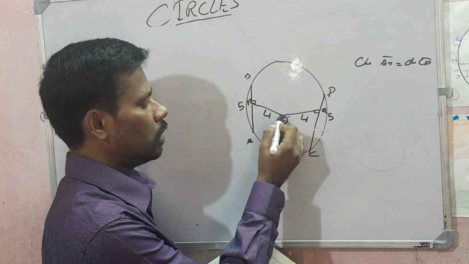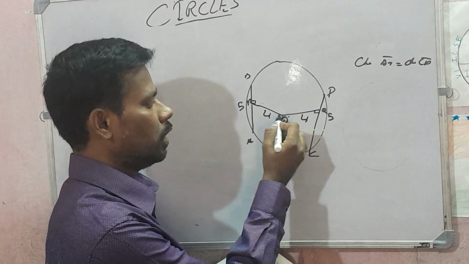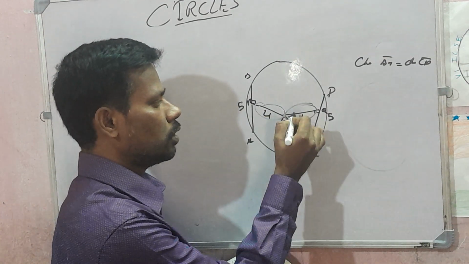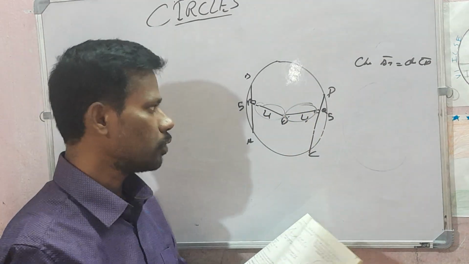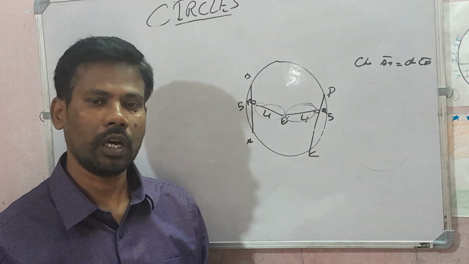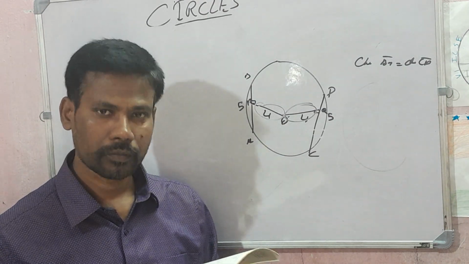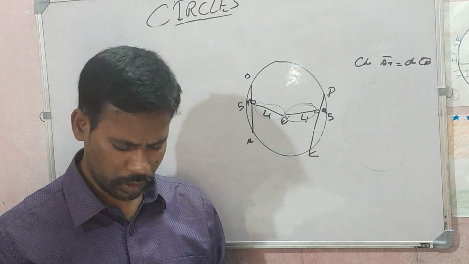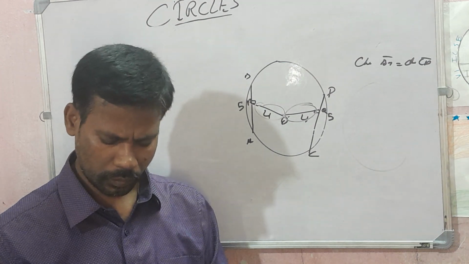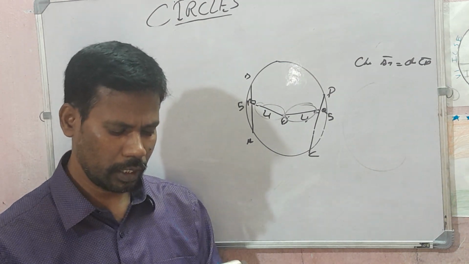Equidistant means having the same distances. Chords which are equidistant from the center of the circle are equal. Next, last point. That's it. All the theorems I have explained.